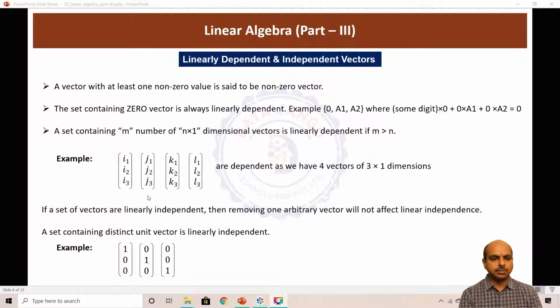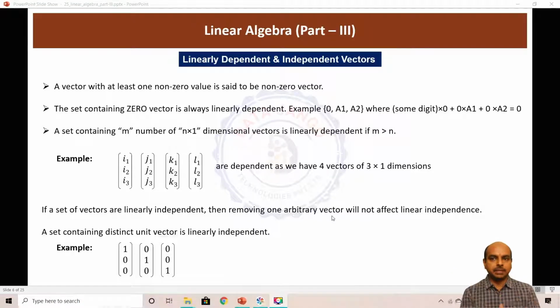If a set of vectors is linearly independent, then removing one arbitrary vector from the set will not make any effect. If you took 3 vectors and they are linearly independent, and you take out one, the remaining 2 are still going to be linearly independent. If you add more, we don't know.